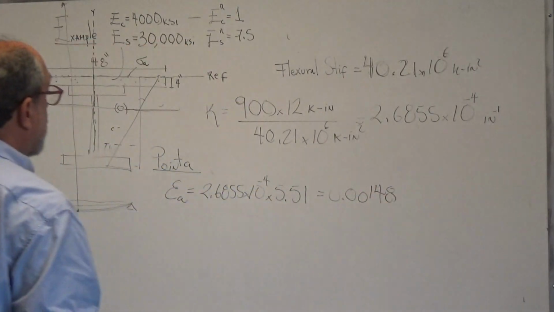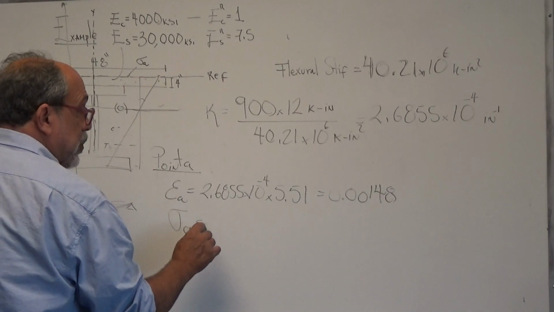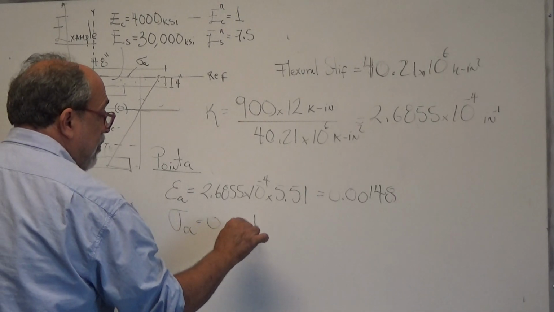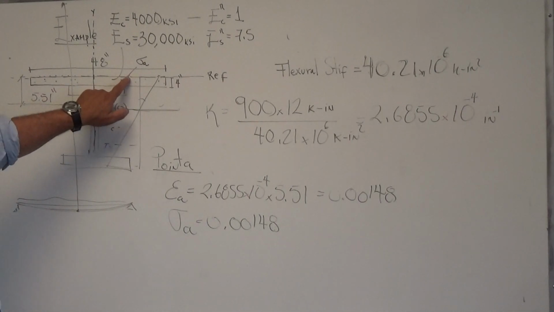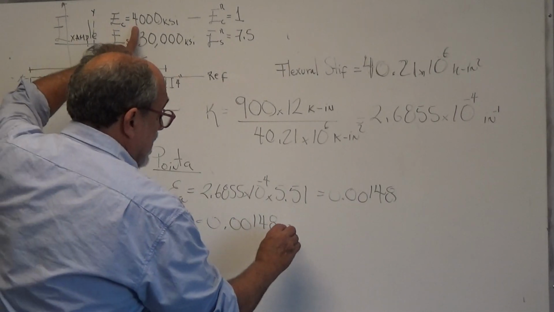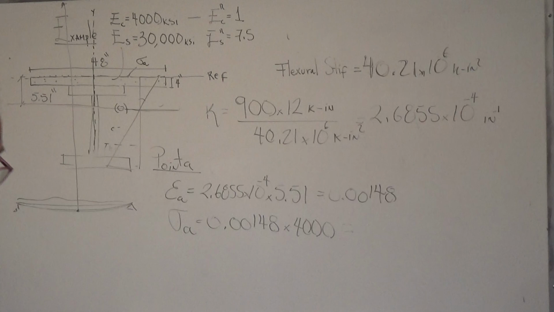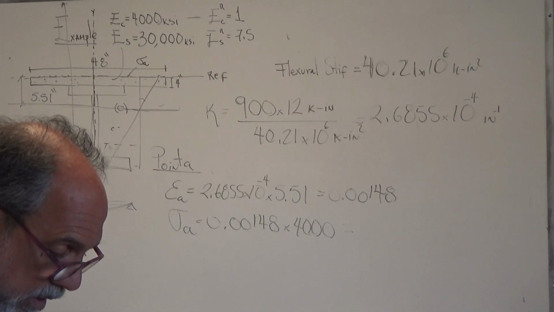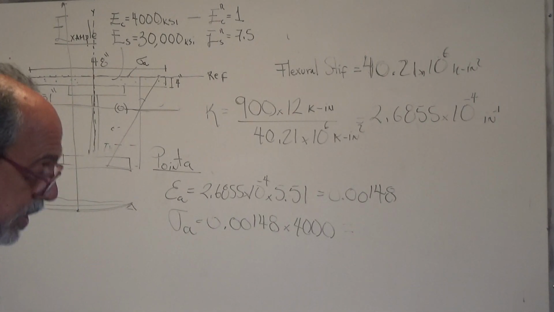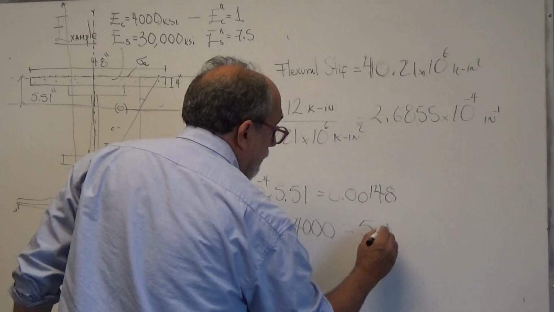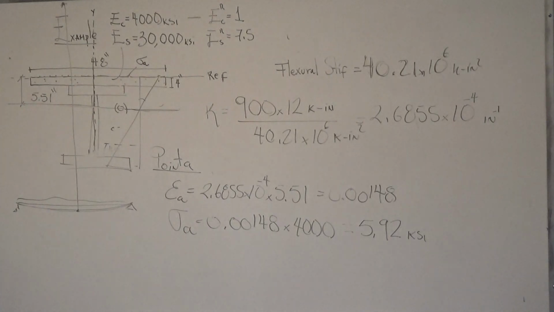So that is the strain at point A. So the stress at point A is equal to the strain at point A, times what modulus of elasticity? Well, where is point A? It's in the concrete. Therefore, times the modulus of elasticity of the concrete, which is 4,000. And so we find that the stress is equal to 5.92 kips per square inch. Okay?